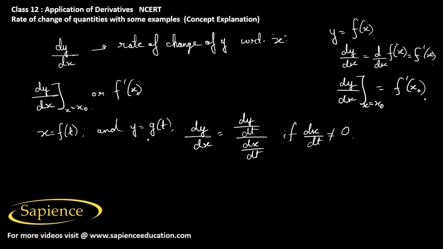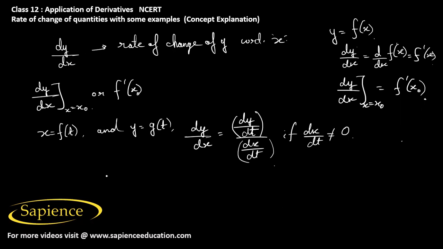So when x is a function of t and y is some other function of t, the rate of change of y with respect to x is the ratio of the rate of change of y with respect to t and the rate of change of x with respect to t.